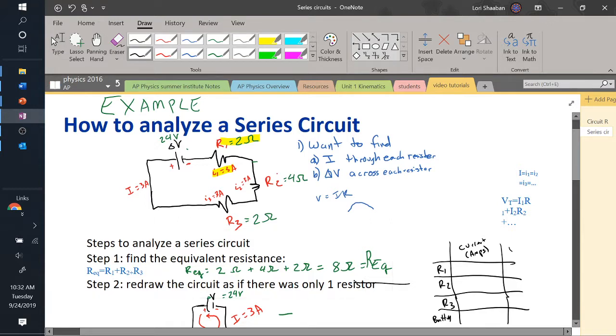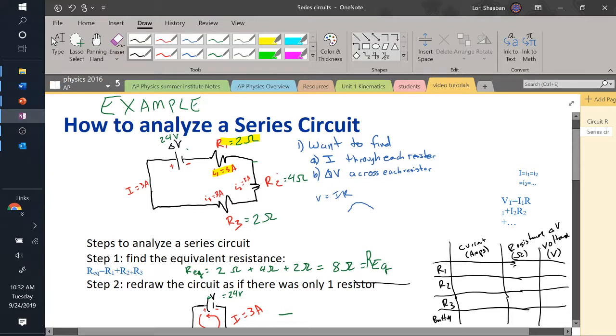Let's look at the resistance. And let's look at the voltage drop. So this is going to be in volts. Resistance is going to be in ohms.